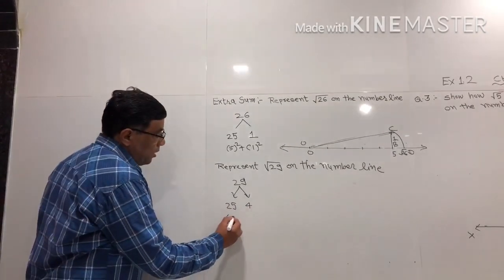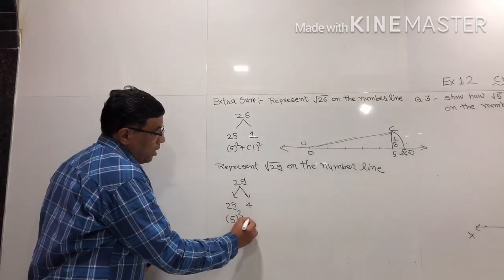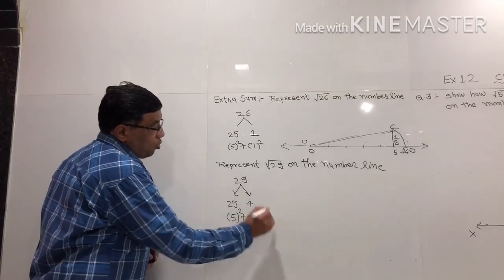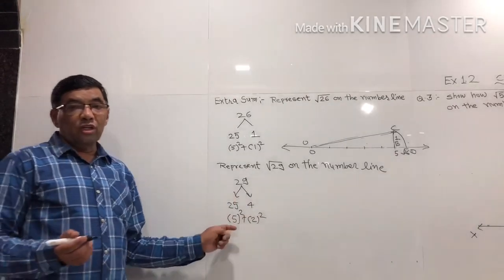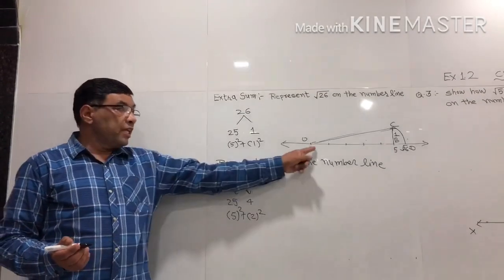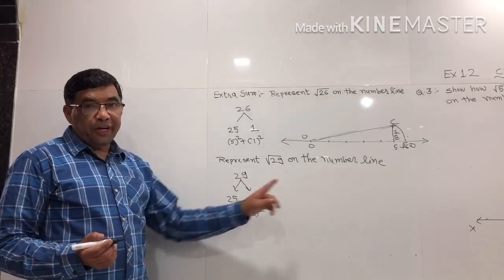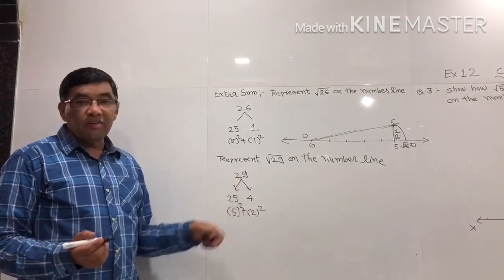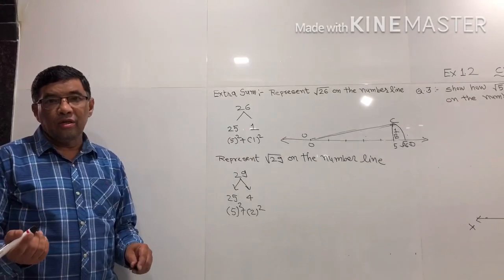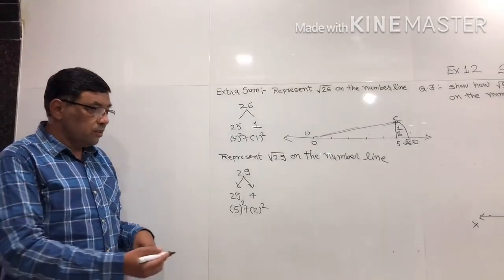Now 25 is 5 square and 4 is 2 square. So now you know, students, the same technique we apply here. Here we take OB 5 unit and BC 2 units, and then same way we can draw it.